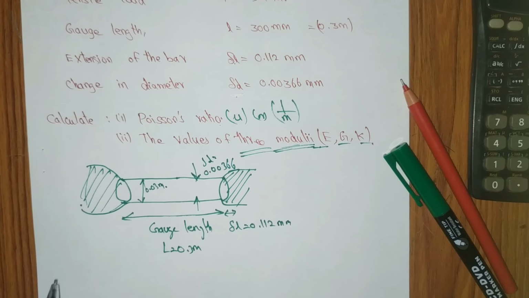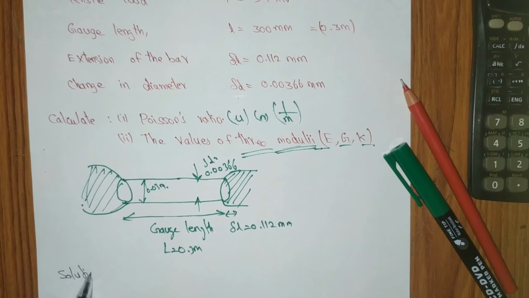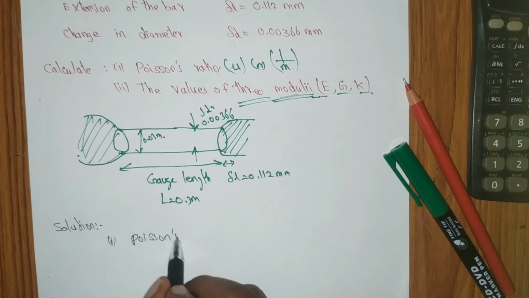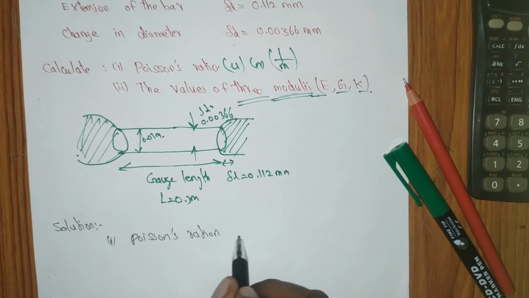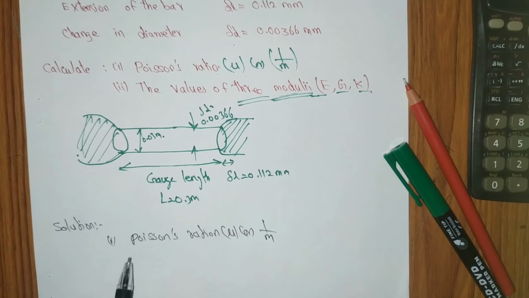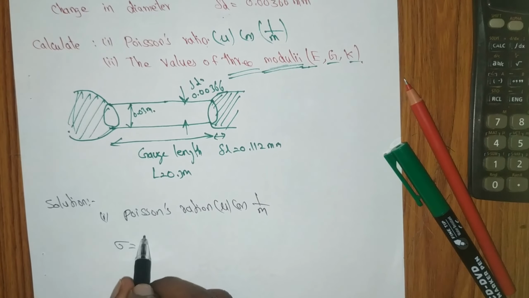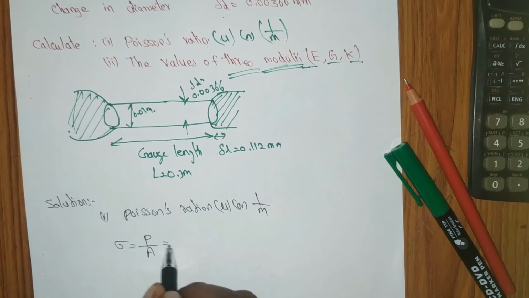So solution. Poisson's ratio, mu or 1 by m, we need to find out. For that, stress will be load by area.